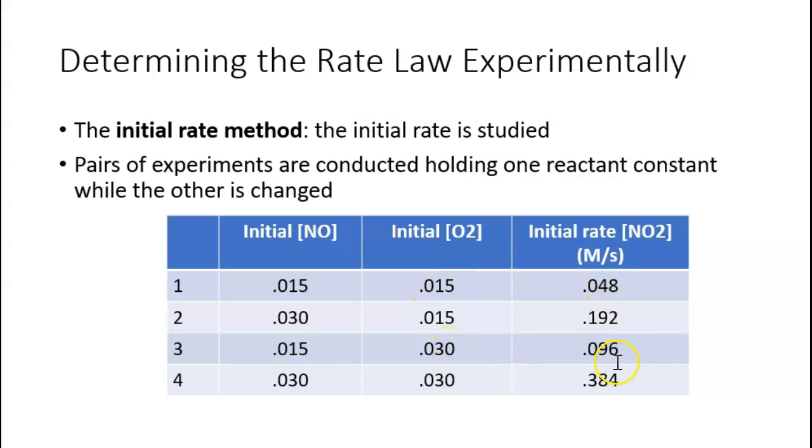What happens to our rate? It doubles, right? 0.048 times 2 is 0.096. So this concentration doubled, which doubled the rate, which is a linear relationship. The same thing's happening to the rate as is happening to the concentration. So that would mean it's first order with respect to the concentration of the O2.